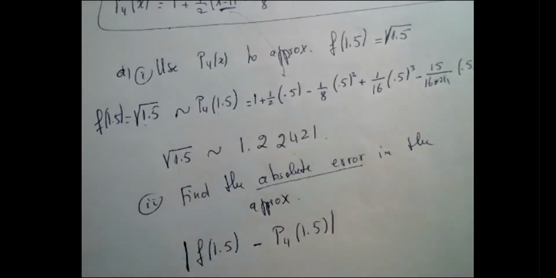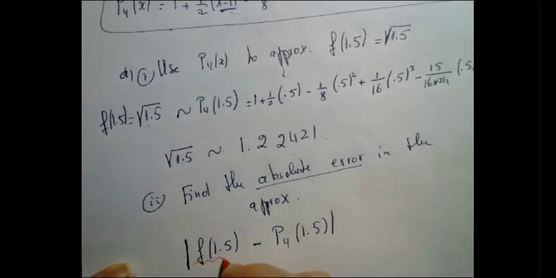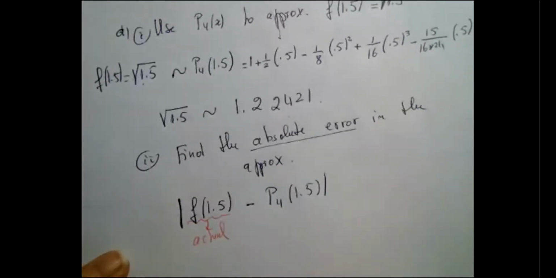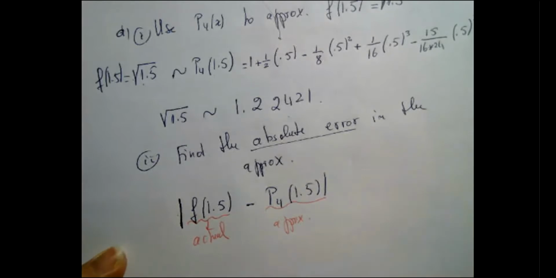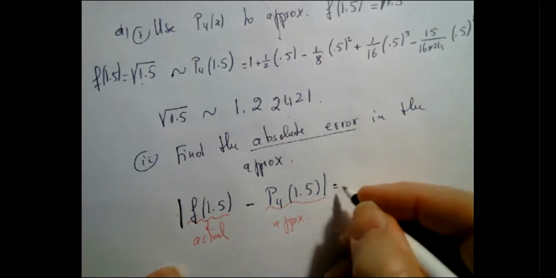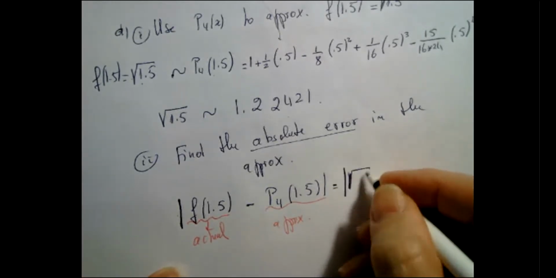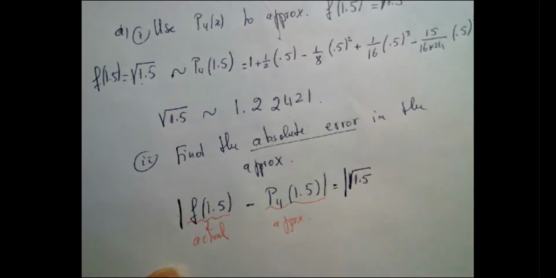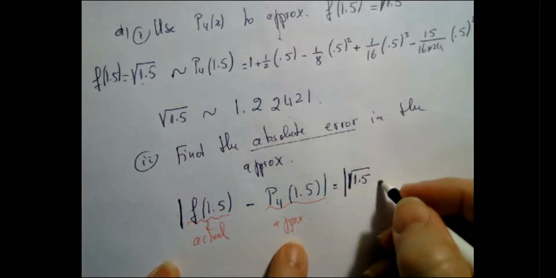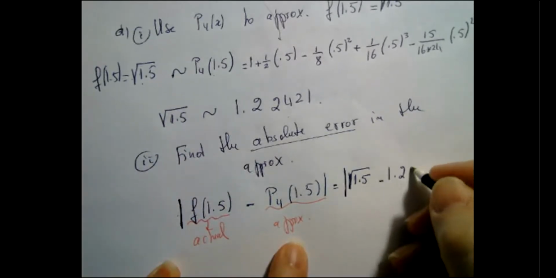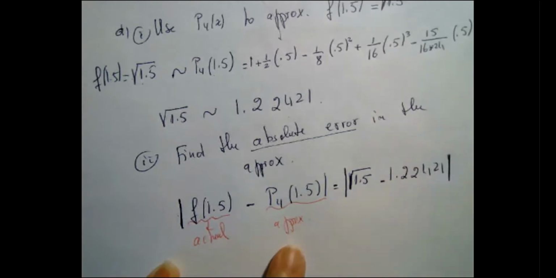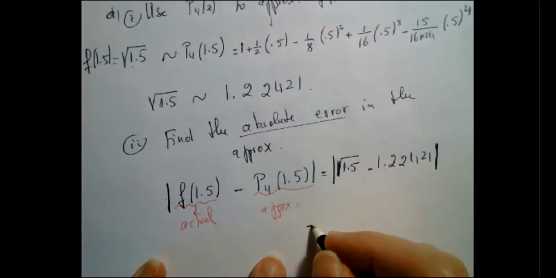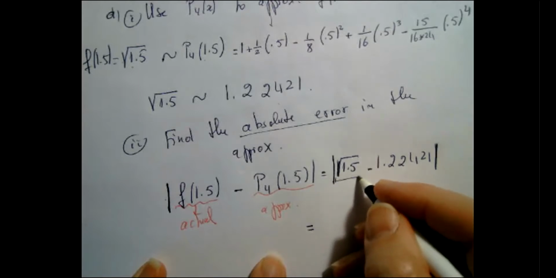So this is the actual value, and this is the approximate value. Basically what I'm going to evaluate is the actual value minus our approximation, 1.22421. Now this one I'm going to pick from the calculator.